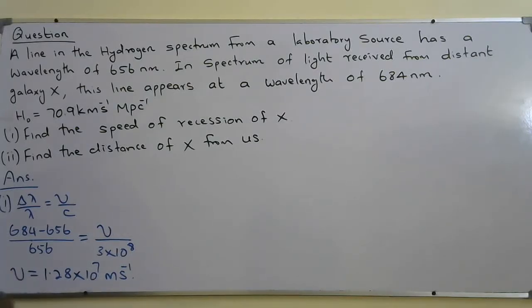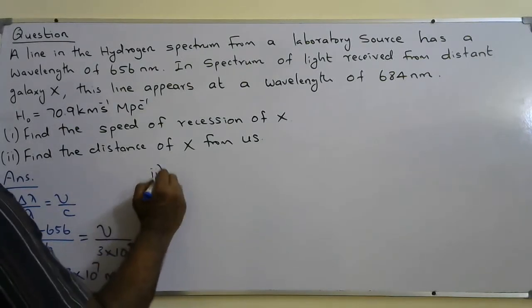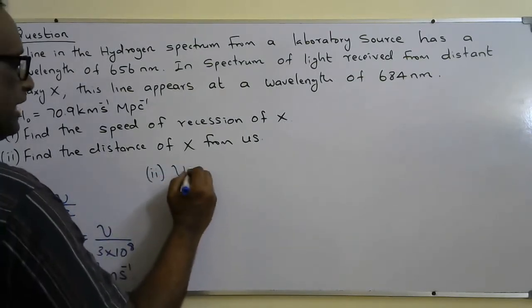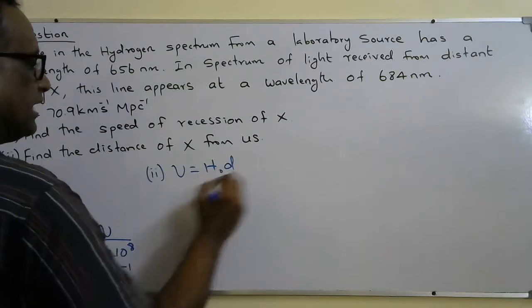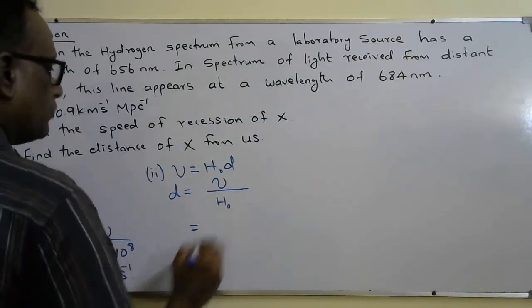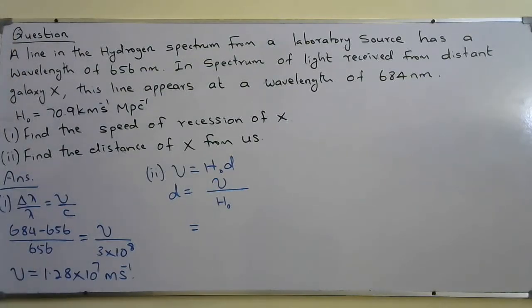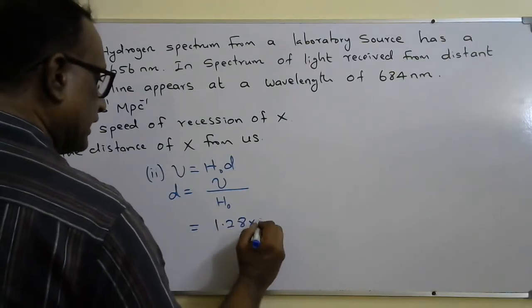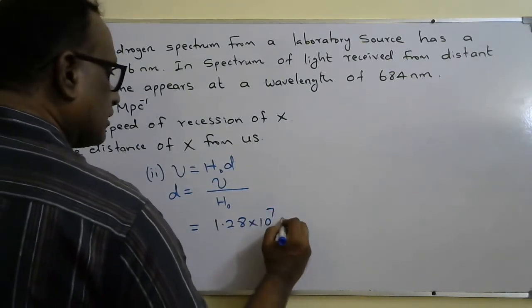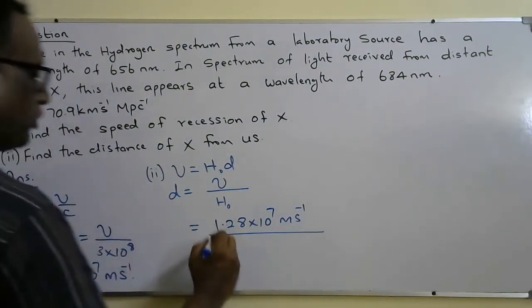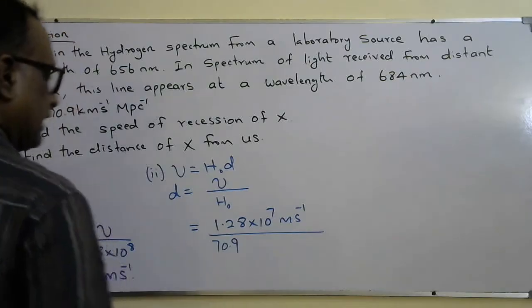Second part, we need to find the distance of it. We can find it by using Hubble's law. V equal H naught d. So d is going to be V over H naught. So we can find it in megaparsec. Find the distance, we can give it in parsec or megaparsec. V is, we know, 1.28 into 10 to the power 7 meter per second, over H naught, which is given as 70.9 kilometer.